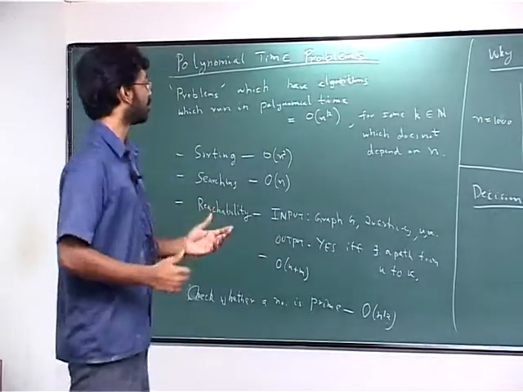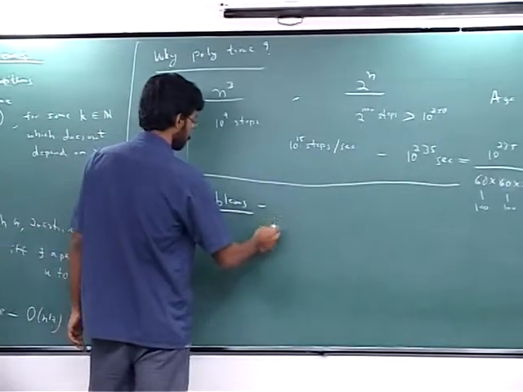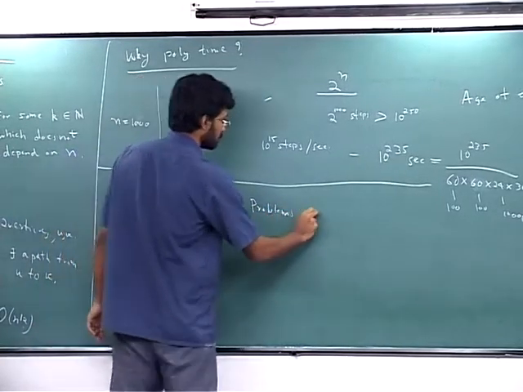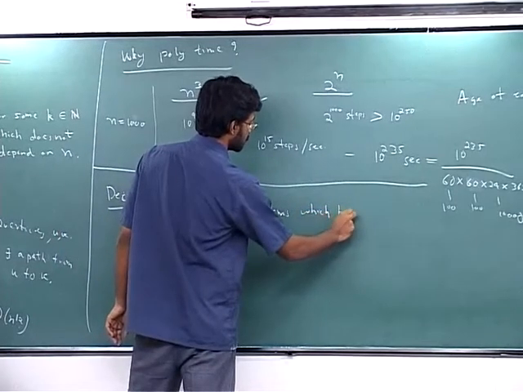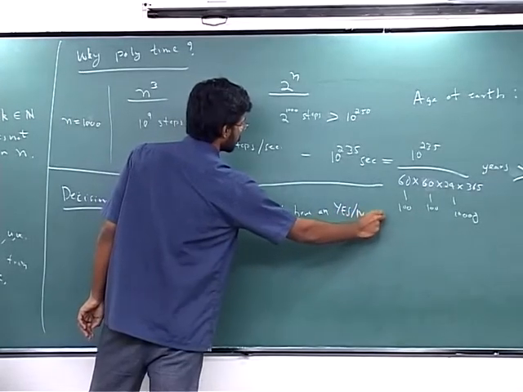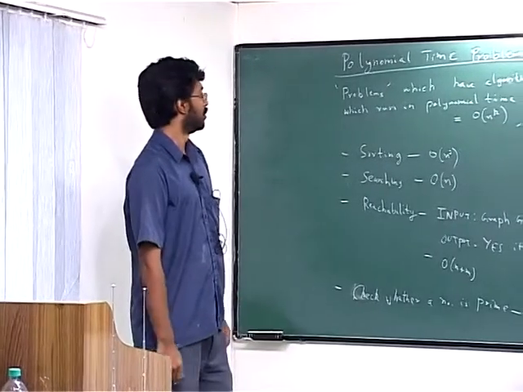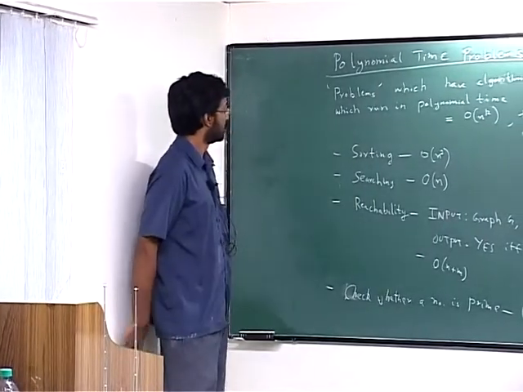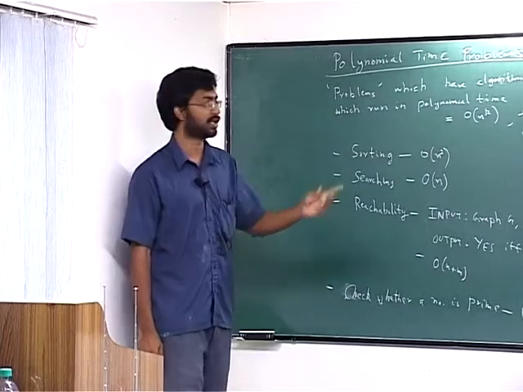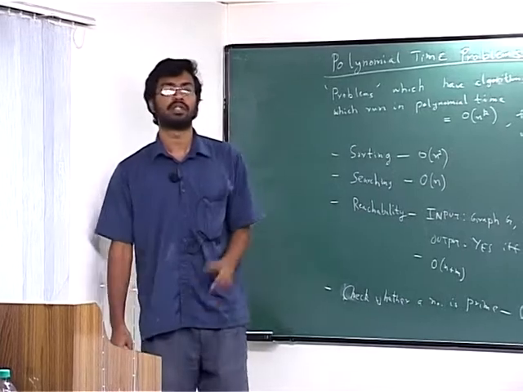So the output of the algorithm gives either a yes or a no. So something like sorting is not a decision problem, whereas the others are.